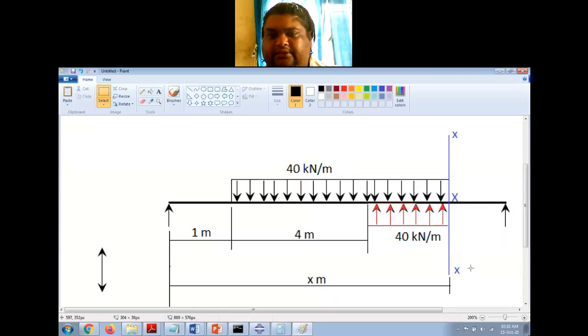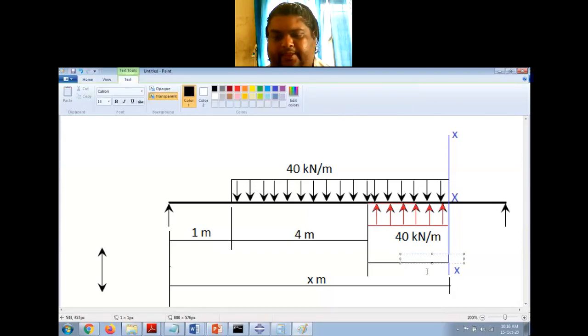I will need this length, not that one. So this will be x minus of 5, correct?